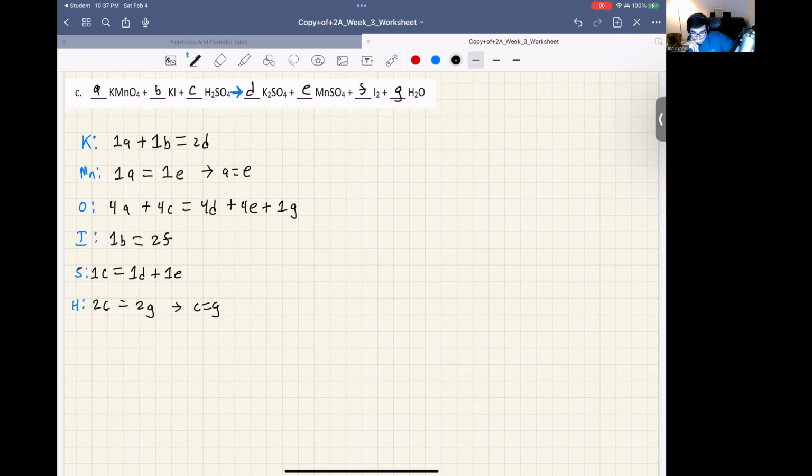So let's see. Is there one that we can just get rid of right now? So many equations here.